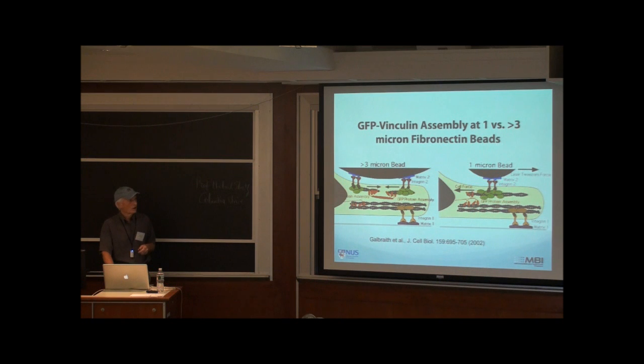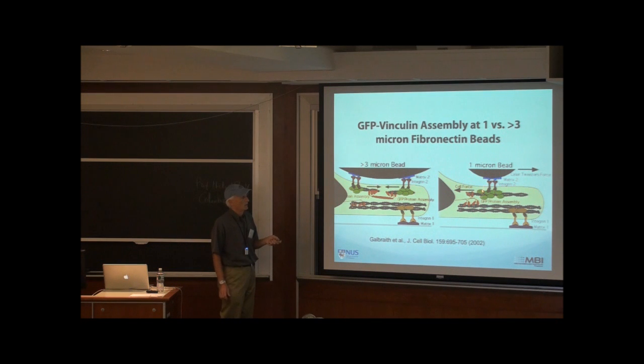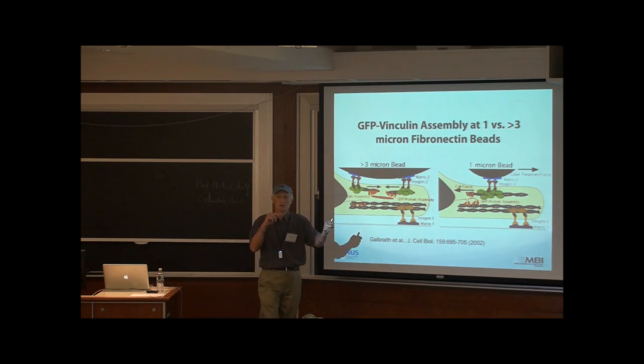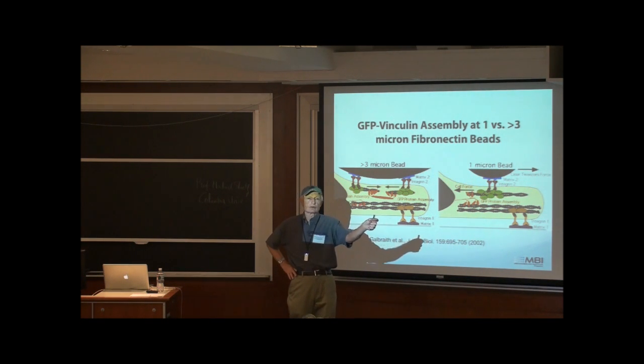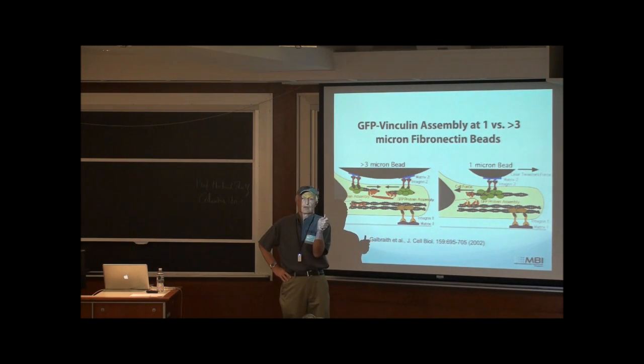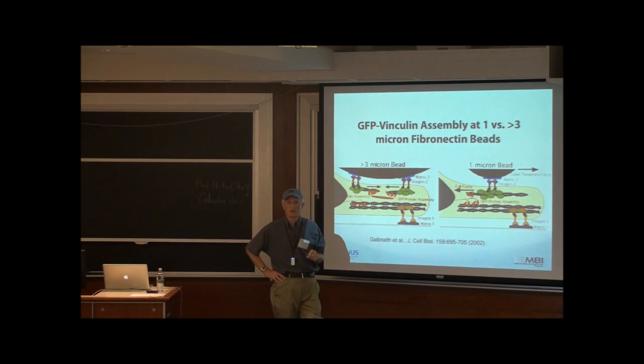So this harks back to what we addressed earlier in a study looking at GFP vinculin assembly at beads. We found that with 1 micron beads, you needed to apply a force with the laser tweezers before vinculin would assemble at those sites.